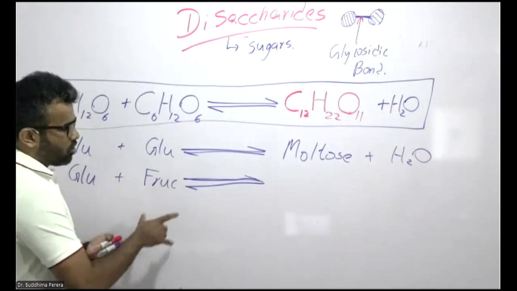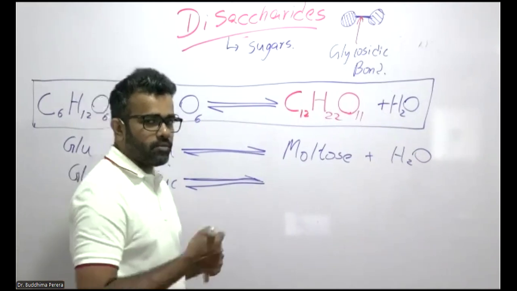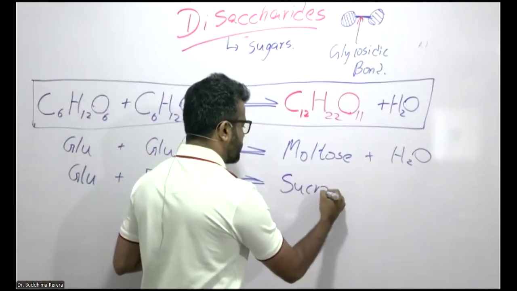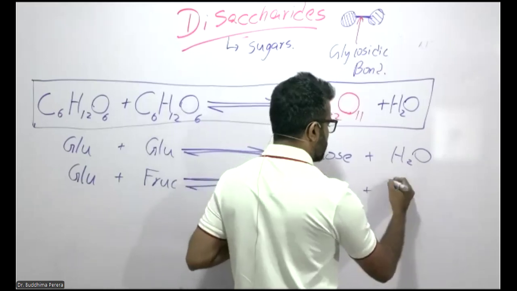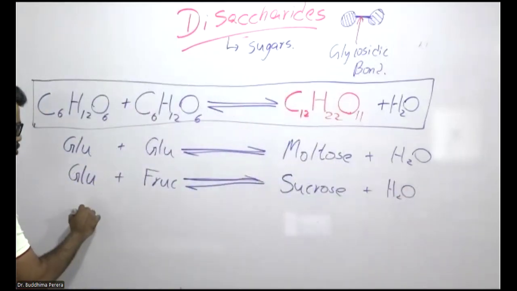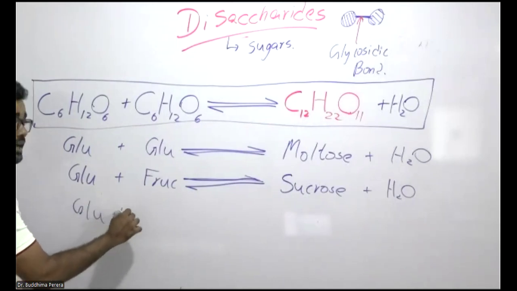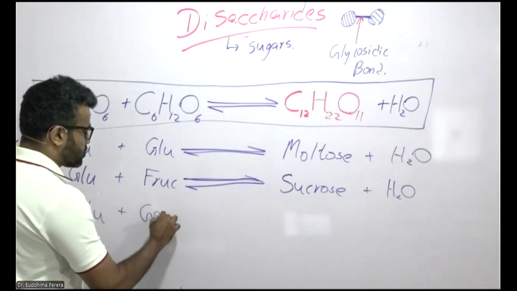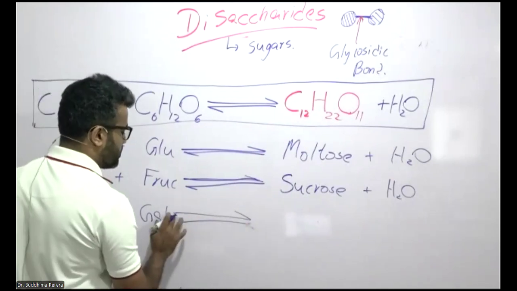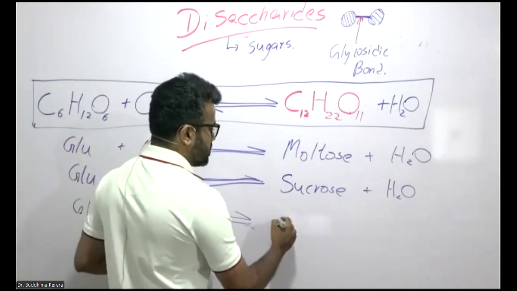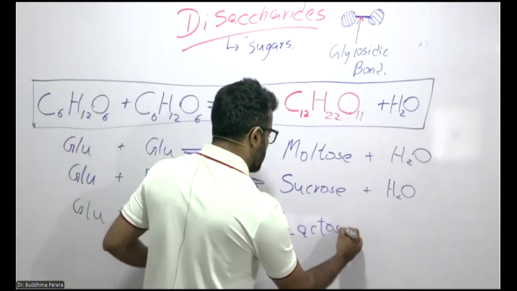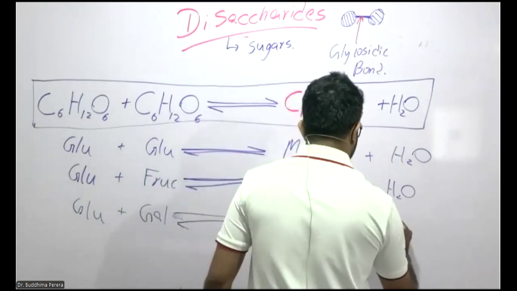Glucose and fructose combine to form what? Sucrose, plus a water molecule. Then what are the other two? Glucose and what? Galactose. Glucose and galactose form lactose, plus water.